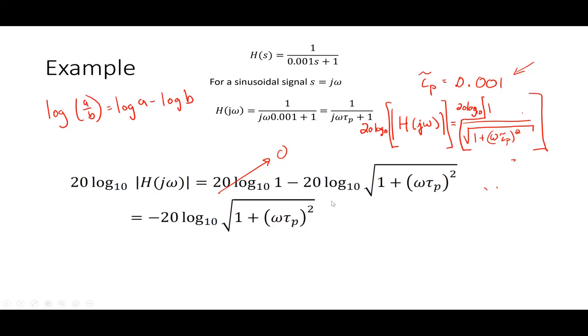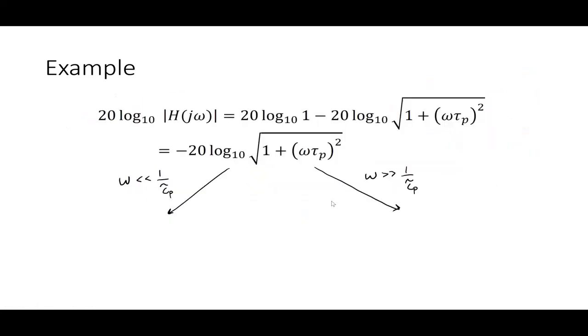The question is, what, if any, approximations can I make about that? All right, it turns out that I can. I'm going to look at this in two different ways. So this negative 20 log 10 of the square root of 1 plus omega tau p squared, I want to look at in two different cases.